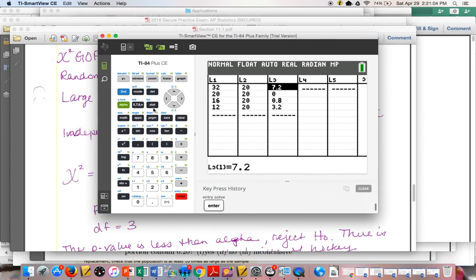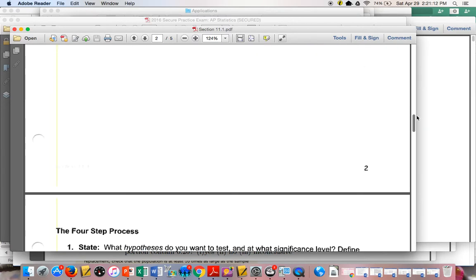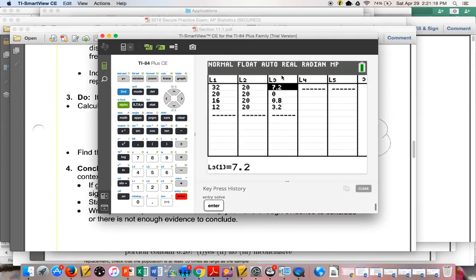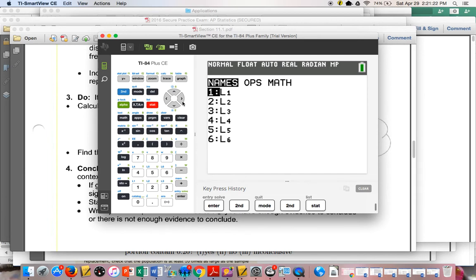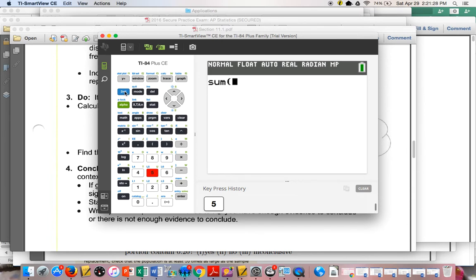Back on my main screen, the test statistic is the observed minus the expected squared over the expected, and then I need to add up all those things. So I need to add up this whole list, and I'm going to have the calculator add up list 3.